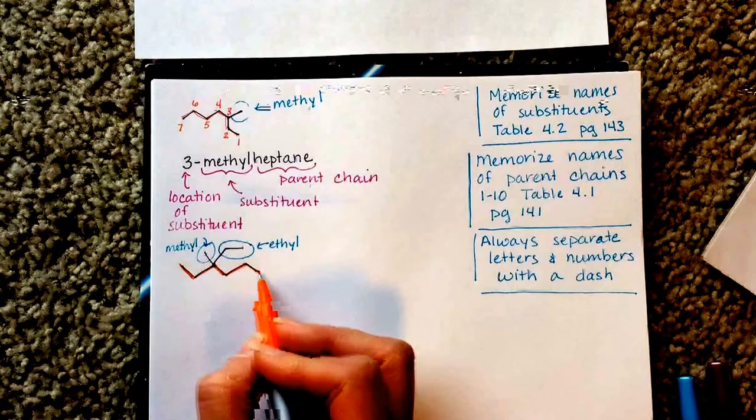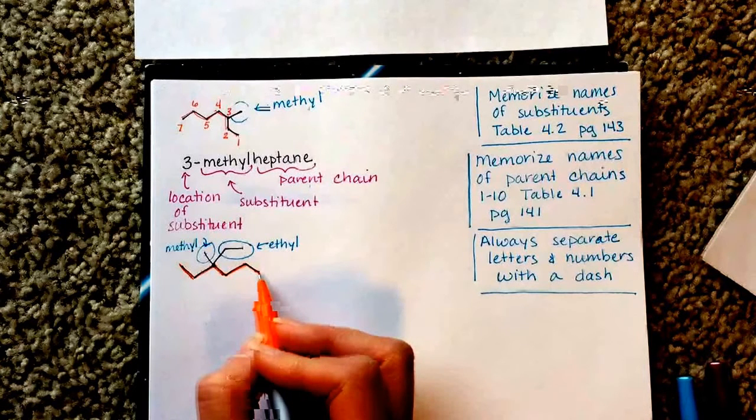Now, in a case where you have more than one of the same substituent, like here, we have 3 methyls, you don't need to say 2-methyl, 3-methyl, 5-methyl. Instead, you say 2,3,5-trimethyl. We're saying on carbons 2, 3, and 5, we have methyls.